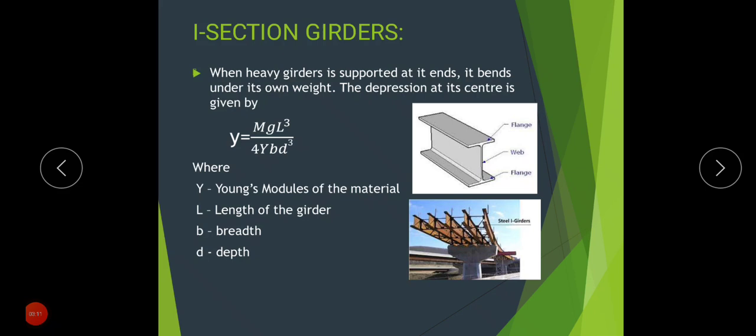If a girder is supported at its ends, it bends under its own weight.